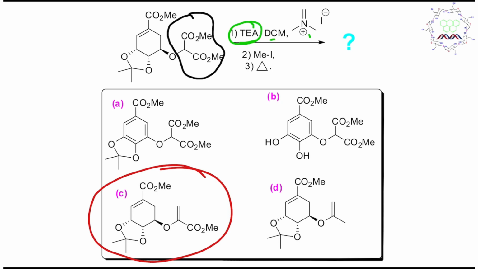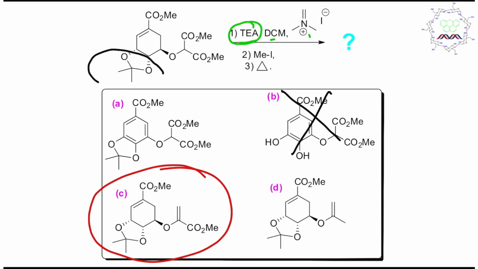So from this you can clearly conclude that reaction will happen and no acid is given. So this acetyl ether hydrolysis is not possible. So option B is gone, because it is actually hydrolysis of this acetyl, not possible.